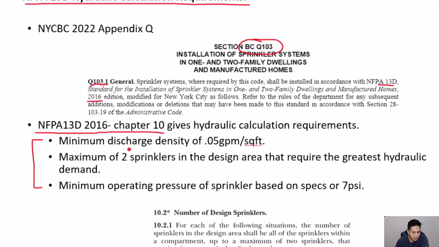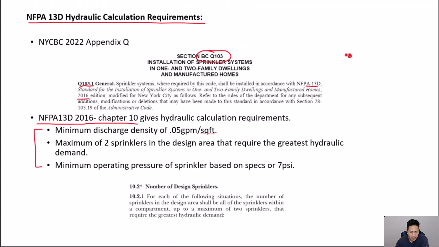So you need a minimum discharge density out of the sprinkler of 0.05 GPM per square feet. So a standard residential sprinkler head, if this is the sprinkler head, is going to be a 12 by 12 box. So it's going to be 12 by 12.